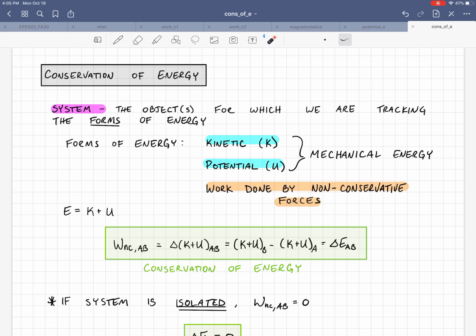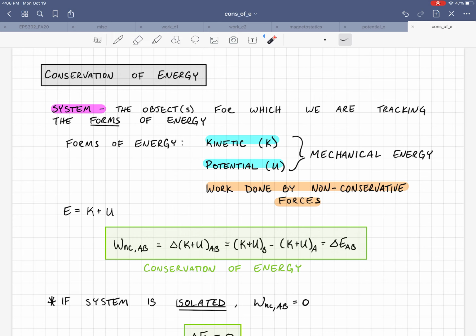So the idea behind the conservation of energy is that the total mechanical energy, the kinetic plus the potential, at any two times, states A and B, remains unchanged unless there is work done by non-conservative forces during that transition from state A to state B. Writing this out in equation form, the work done by non-conservative forces is equal to the change in the mechanical energy from point A to point B.